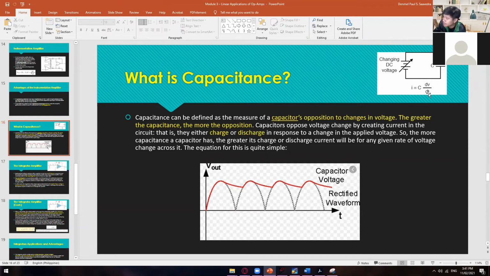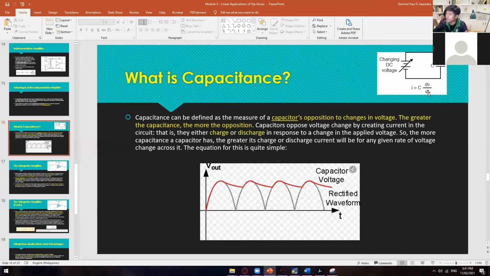So time here matters because how long will it, let's say, rise, and then how long will it fall? Just like this one. How long will it rise? For example, let's just assume that this one will run for 5 milliseconds. So at half of it, it reached the peak voltage at 2.5 milliseconds, and then from 2.6 milliseconds up to 5 milliseconds, that is the falling part of your input.